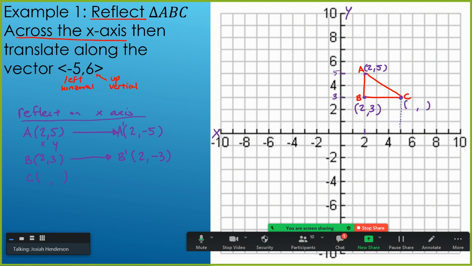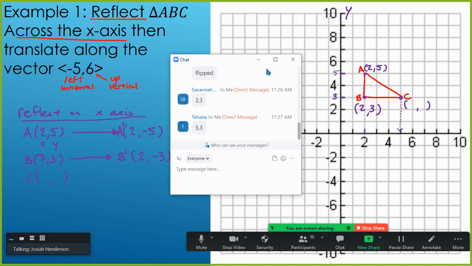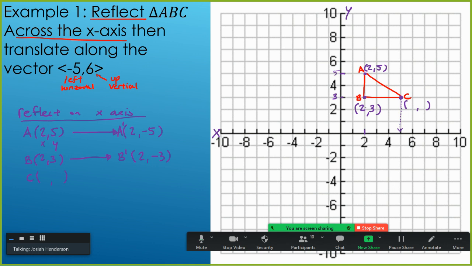Look down towards that line, the x line. Where does it look like it is? Oh, I see someone in the chat. Tatiana, high five, dude. Yeah, it's to the right 5. And how high is it? 3. Good job, Tatiana. So original C is 5, 3. We do its reflection across the x-axis, and the new C is at 5, -3.